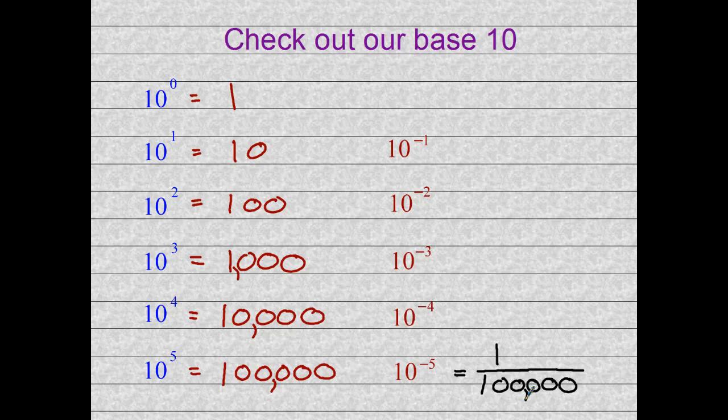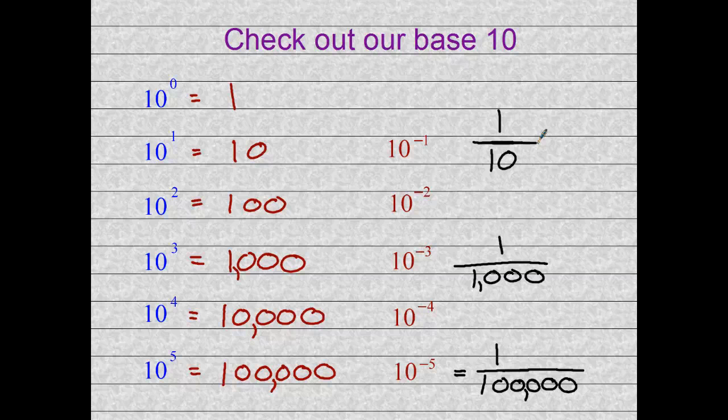Again, for space, I think you could figure out what I'm doing here. 10 to the negative 3rd would be 1 over 1 with 3 zeros, or 1/1000th. And let's go all the way up to the top here. 10 to the negative 1st as a fraction would be 1 over 1 with 1 zero, also known as 1/10th. You could fill in the rest of the chart for the other ones that I skipped there.